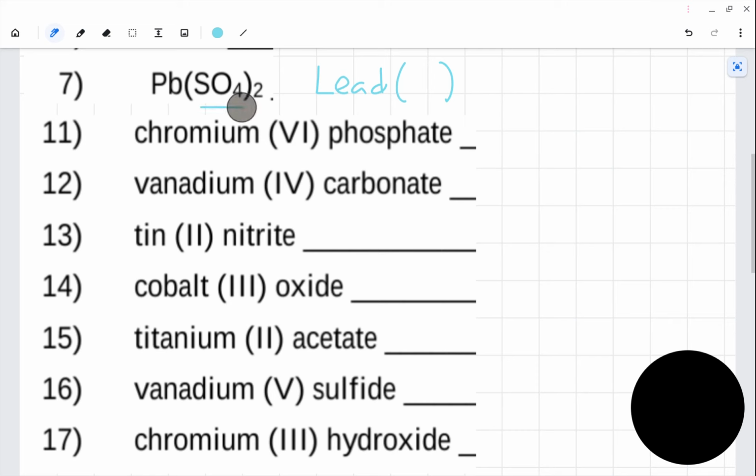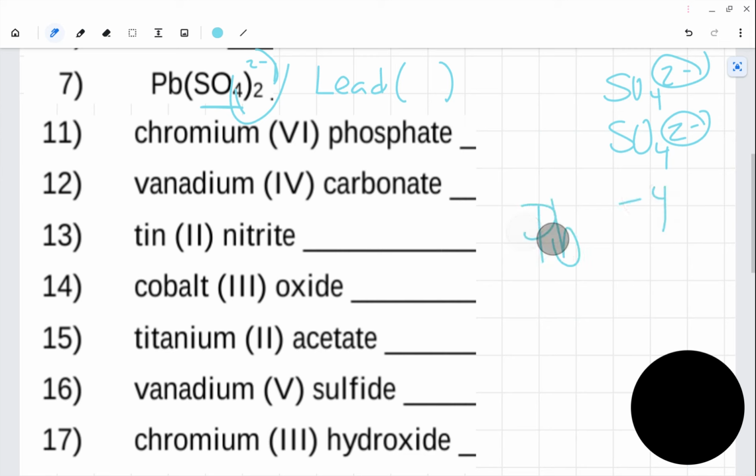Well, I'm going to look at my polyatomic table and see sulfate, SO4, has a 2- charge. If it has a 2- charge, and I have 2 of them, 2 of the 2 minuses make a -4 charge. So if you've got sulfate with a 2- and sulfate with a 2-, I have -2 plus -2, so my net charge over here is -4.